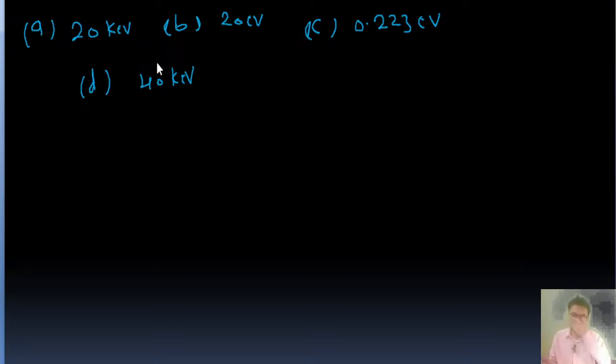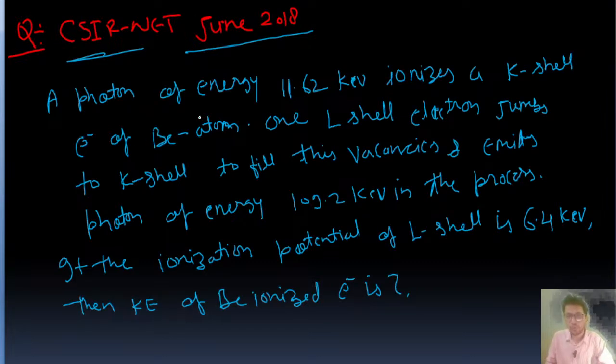Okay, guys. So I'm going to explain the question first. It is a very good question, guys. A photon of energy, sorry, 115.62 keV ionizes a K shell electron of the beryllium atom.